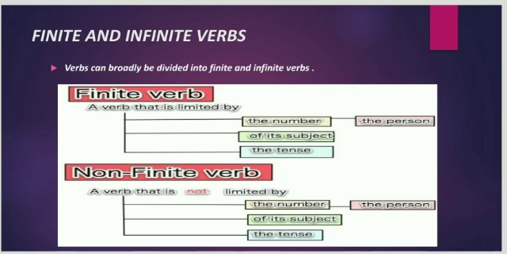Okay, now the main part of the chapter, that is finite and non-finite verb. You must have read it in class 6th or 7th. So we'll make it clear. Finite verbs are limited by number and person, and they are also limited by time, or tense we can say.